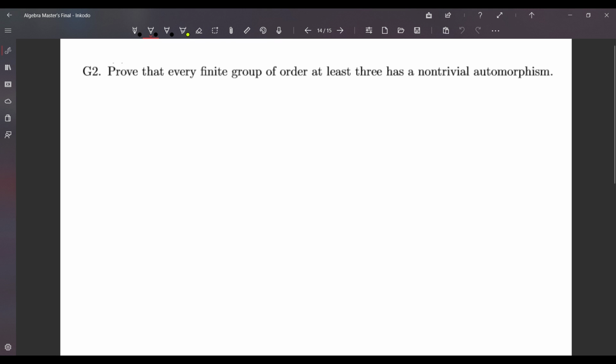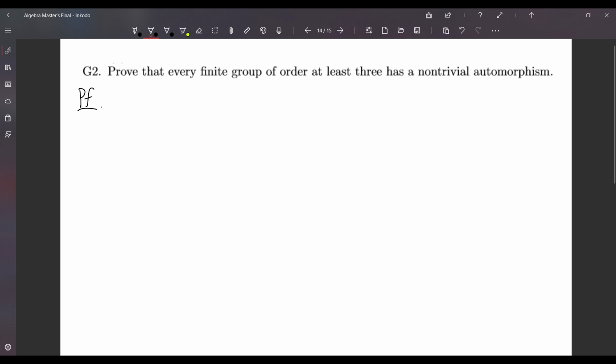Because automorphisms are very useful, say, in Galois theory, and so it's nice to know that you have these non-trivial automorphisms, and it's good to know that they exist, at least non-trivially, right? But it turns out to be not that easy to prove, right?